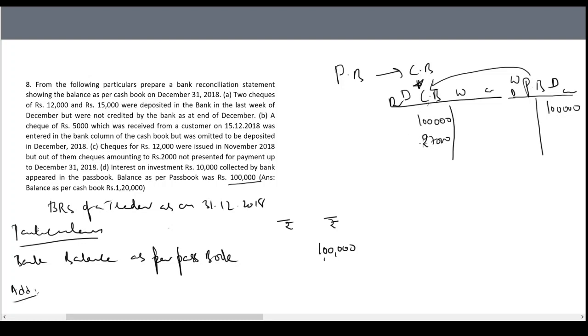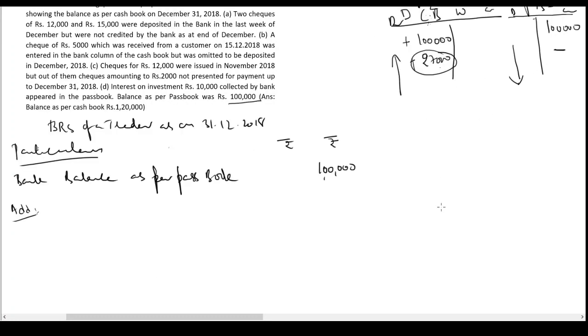So bank account debit, we have passed this entry, but the checks were not credited by the bank up to December. So we started with a debit here, another debit, the balance will increase. Now here the balance is relatively lower. So what should be done to the passbook to make it equal to cash book? Cash book is showing a balance higher by 27,000. So to make passbook equal to cash book, we have to increase the passbook balance by 27,000.